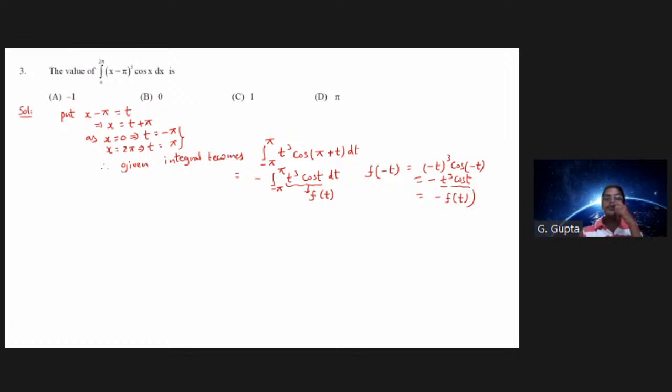So f of t is an odd function. If it is an odd function, the answer is 0, by property 1. You can apply the same to f of 2a minus x also. We can also apply property 2.